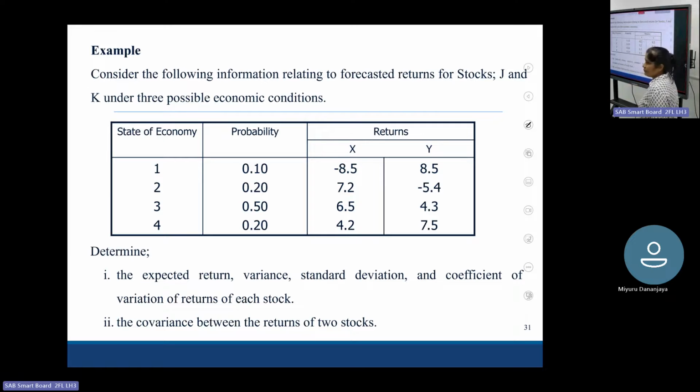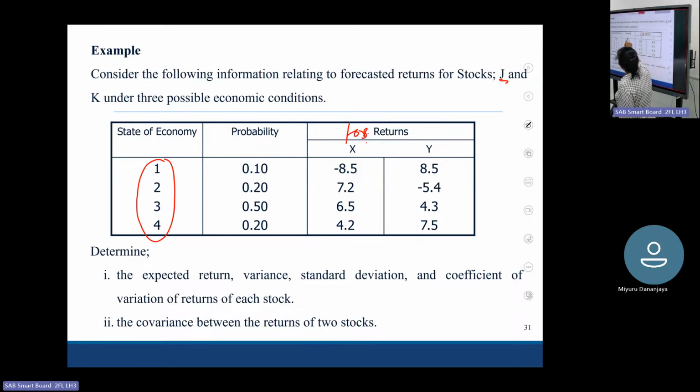Now look at this one. Consider the following information relating to the forecasted return for stock X and Y, not J and K, right? X and Y. You are provided this forecasted return. Better to write here: forecasted return under 4 states of economy. These are the possible states of the economy.